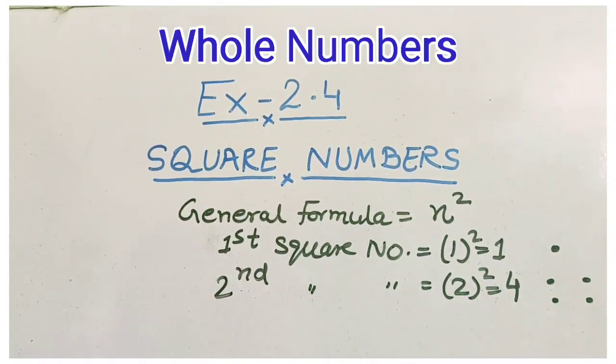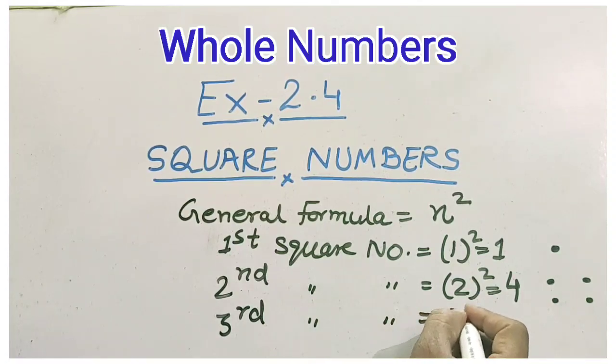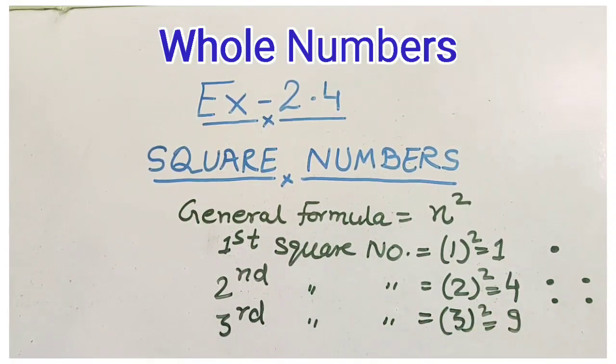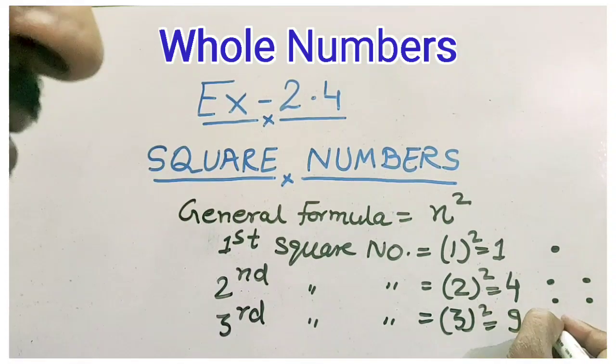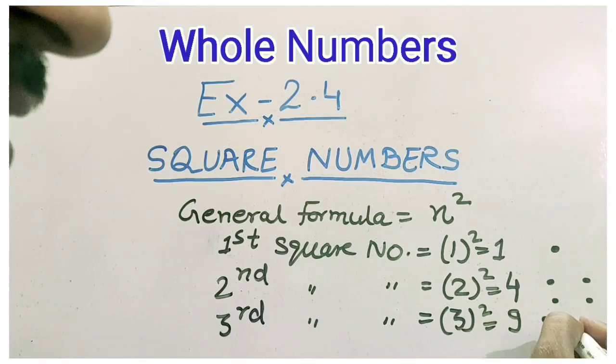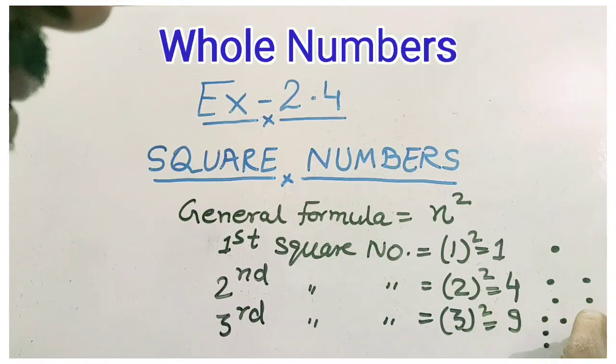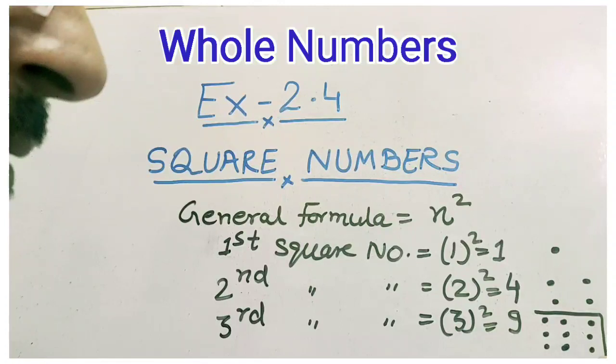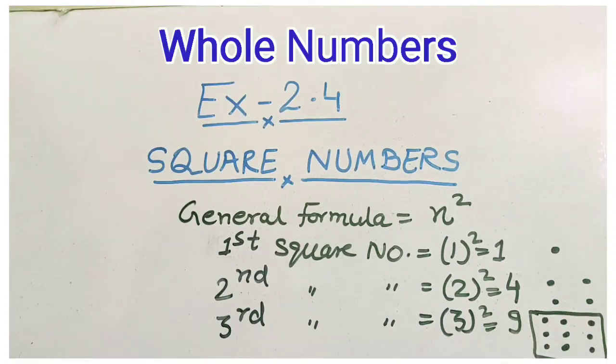Okay. The third square number will be 3 square, that is 9. The pictorial representation will be 3 rows of 3 dots. And we can see by these dots a square is building.